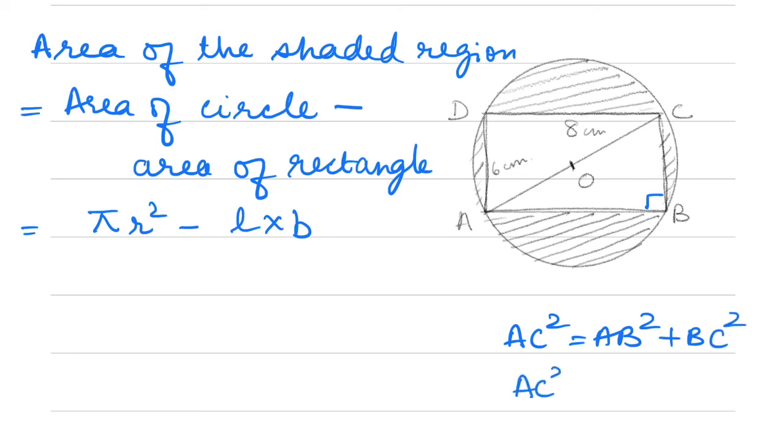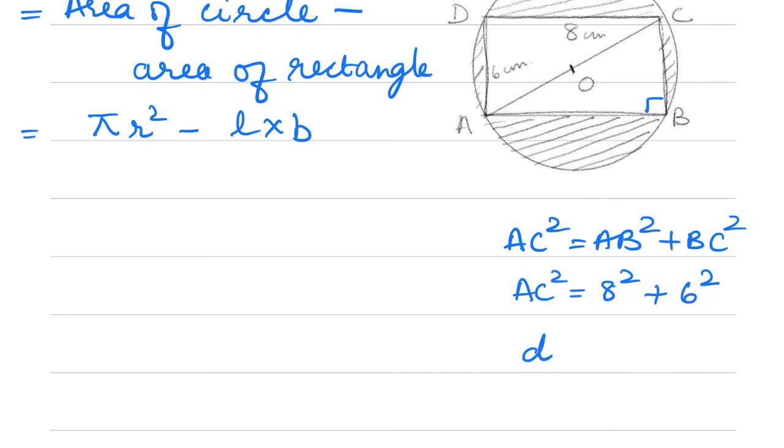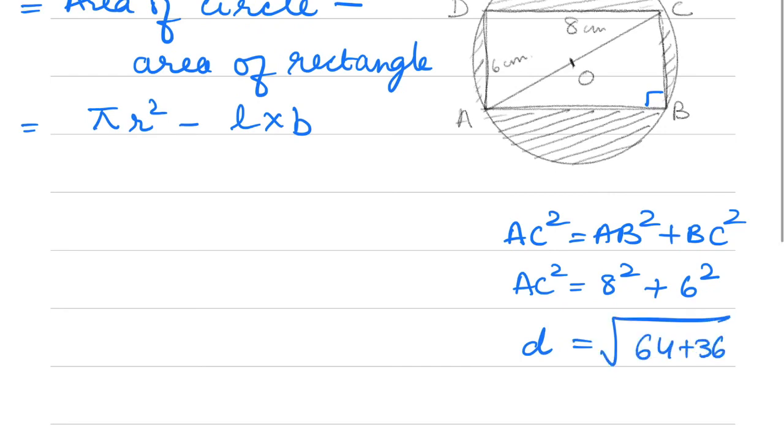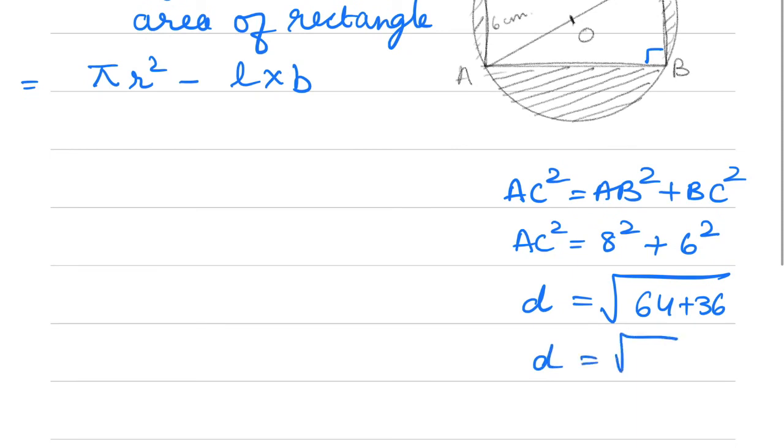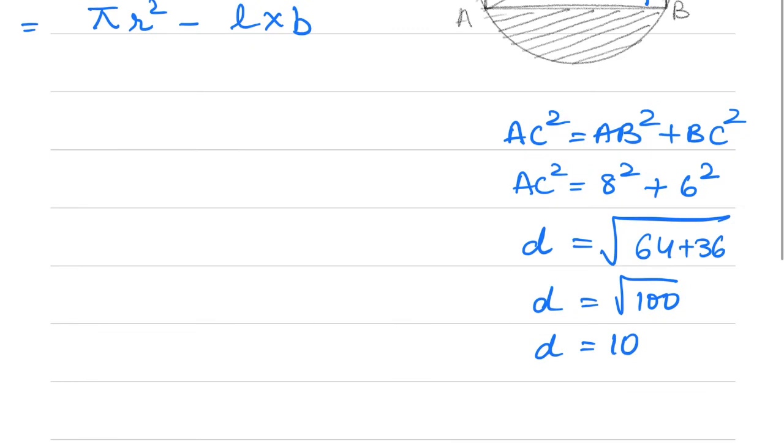AC square is equal to 8 square plus 6 square. AC is the diameter, so D is equal to square root of 64 plus 36, which is square root of 100. D is equal to 10. So the radius will be 10 by 2, so we have 5 centimeter.